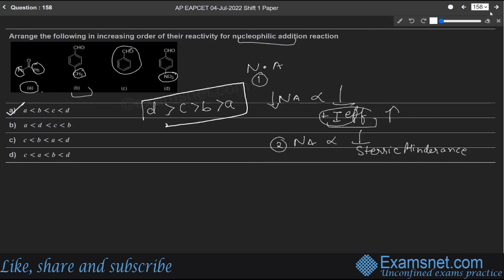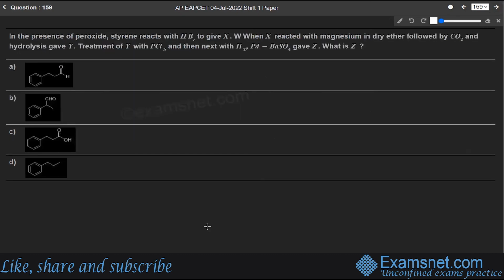So let's go to the next question, 159. In the presence of peroxide, styrene reacts with HBr to give X. When X is reacted with magnesium in dry ether followed by CO2, and hydrolysis, it gave Y. Treatment of Y with PCl5 and then with H2, Pd/BaSO4, generally Lindlar's catalyst, the preparation for aldehyde, gave Z. What is Z basically, right?